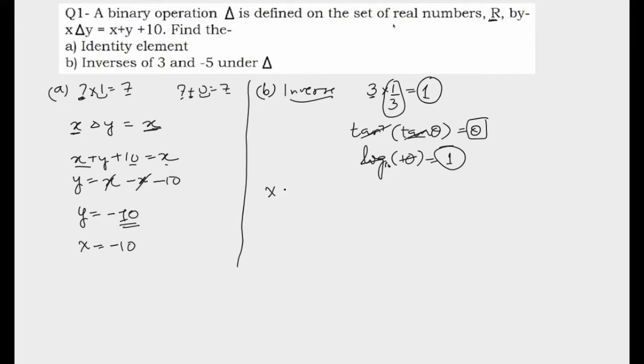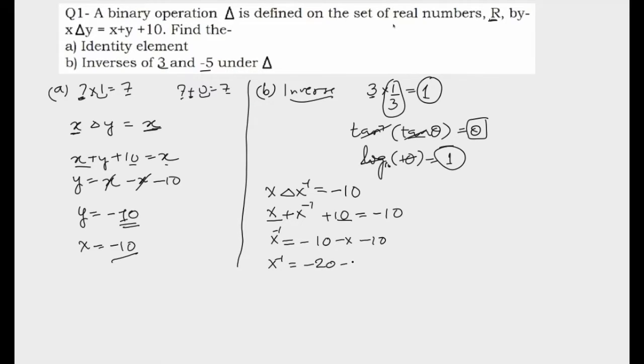So that's what we are going to do here. Let's write x delta x inverse this time. This inverse will give us the identity element, and in this case the identity element was negative 10. This will help us find x inverse, and then we will apply 3 and negative 5 to get their inverses. So x inverse plus x plus 10 is equal to negative 10. Let's write x inverse and bring x and 10 to the other side: negative 10, negative x, negative 10. x inverse is negative 20 minus x.